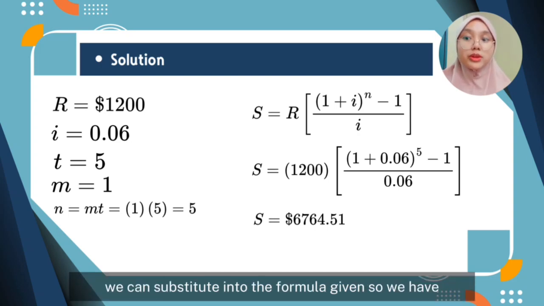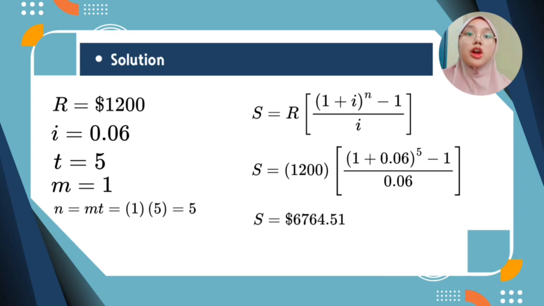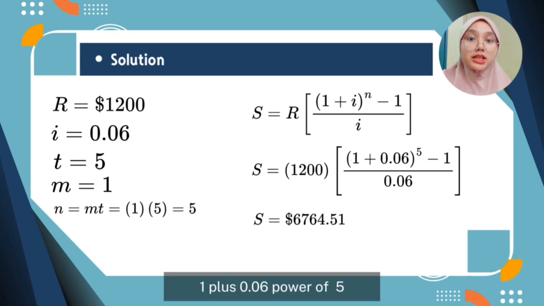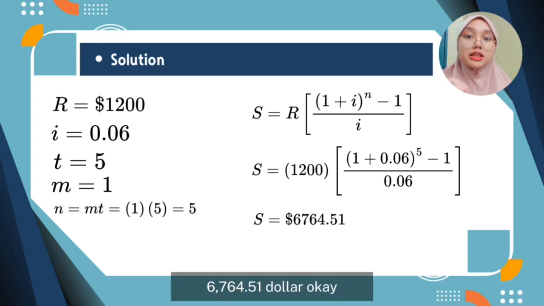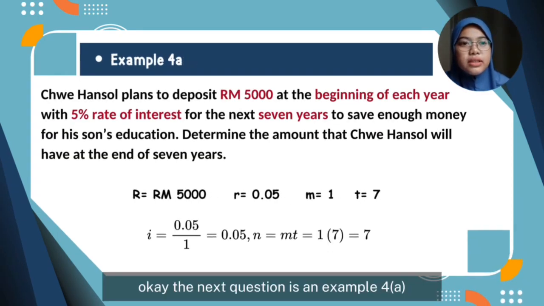So we have S equal to 1,200 times ((1 plus 0.06) power of 5 minus 1) over 0.06. So S is equal to 6,764.51.